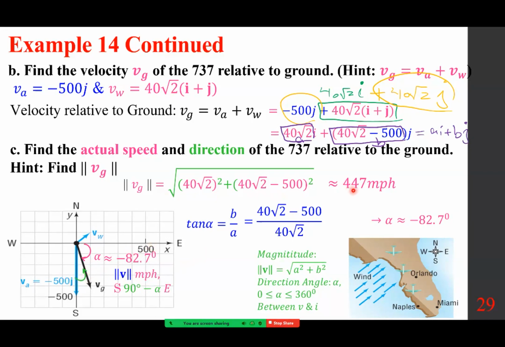So we have the speed of 447 miles per hour, south, 90 minus alpha. We just look at the positive value of 82.7 and subtract it, so 7.3 east. And that's the final answer, everybody.